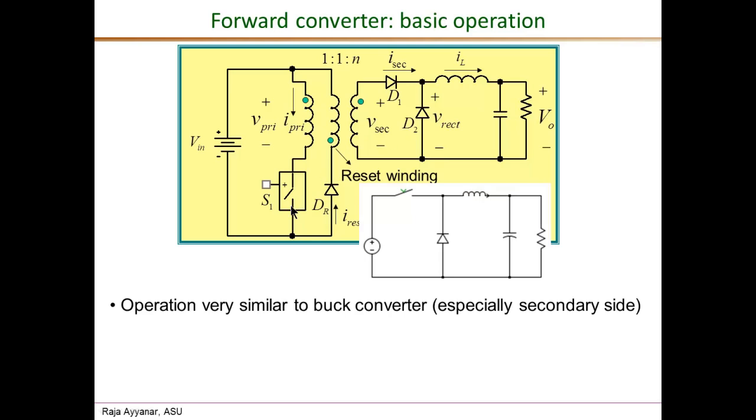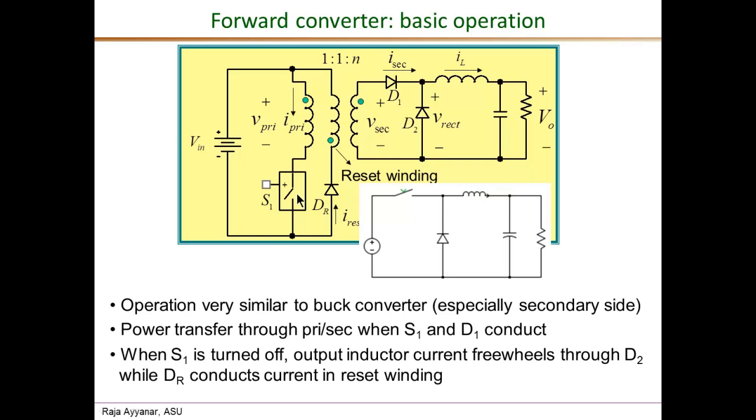So during this period the power is drawn from the input source, and at least a majority of that is transferred through the transformer, through the primary and secondary windings to the output stage. We will see that there is a small magnetizing current that involves a small amount of energy being stored in the magnetic material. And then when the switch is turned off, for flux continuity, we have this reset winding and reset diode mechanism that will ensure that the flux is continuous.